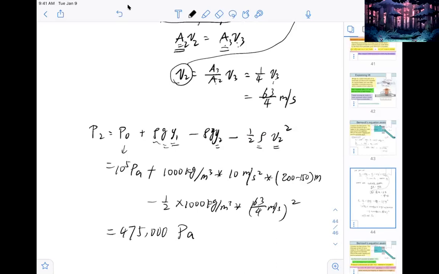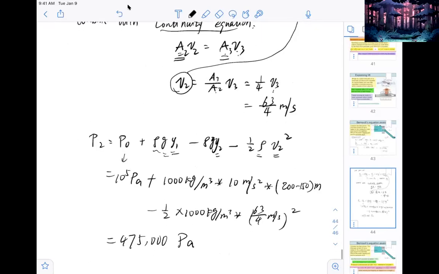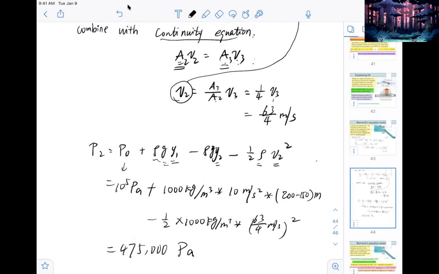Okay, so you can see that for fluid dynamics, we introduced 2 equations. One is the continuity equation and one is Bernoulli's equation. The take-home message from the continuity equation is the wider the tube is, the slower it flows.